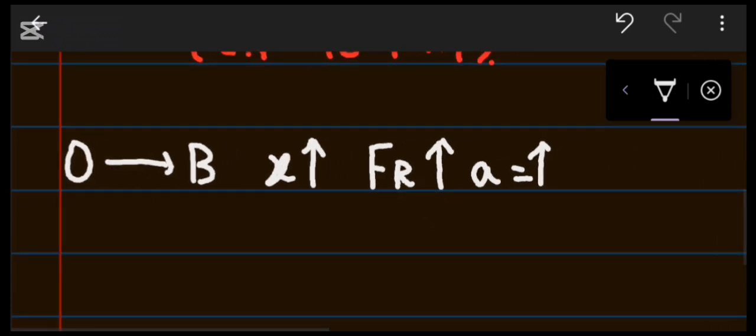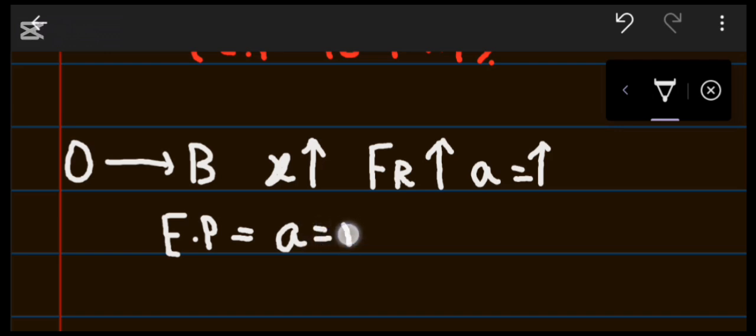So this happens at the extreme point. At the extreme point the acceleration is maximum, because at the extreme point the displacement is maximum.